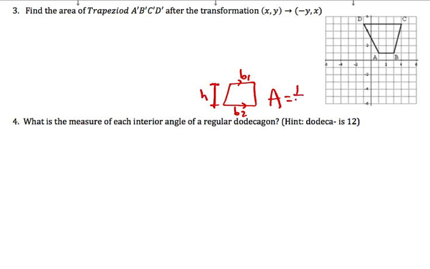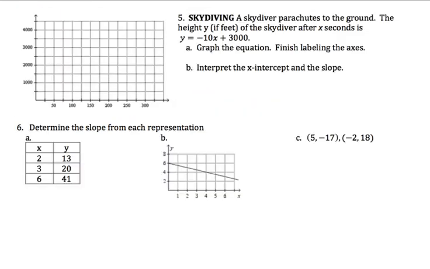The area of a trapezoid is 1/2 of the bases added together times the height. Number 4, what's the measure of the interior angle of a regular dodecagon? Dodeca means 12. So that we did this back in Unit 3. Find the interior angle sum of a dodecagon and then divide by 12 so you get the measure of each angle because they'll all share the degrees equally.